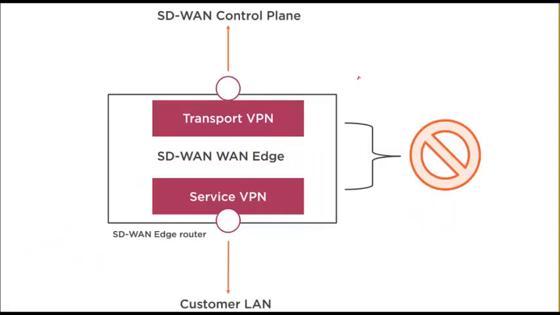It's a reservation, like area 0 in OSPF. Area 0 is the backbone. Here, VPN 0 is also similar to that. What is the backbone for us here? The transport, the service provider network which provides the underlay reachability between the sites. So there is a VPN number called 0, which is assigned to transport VPN.